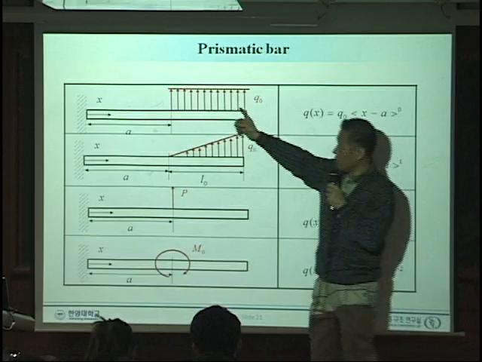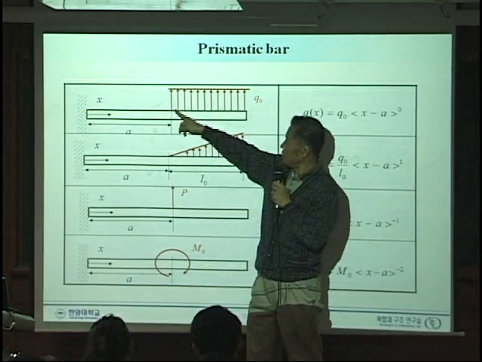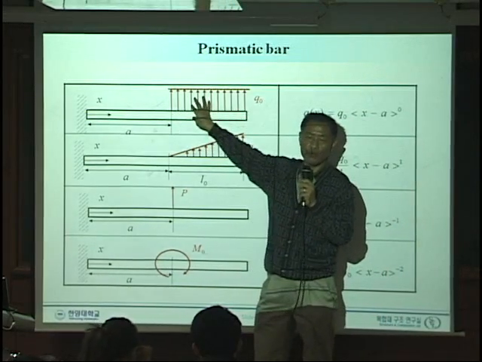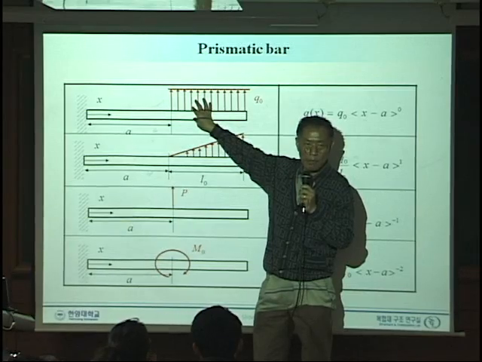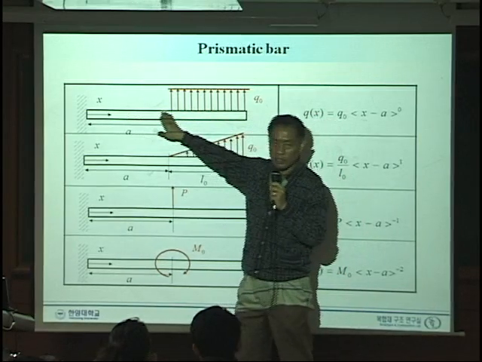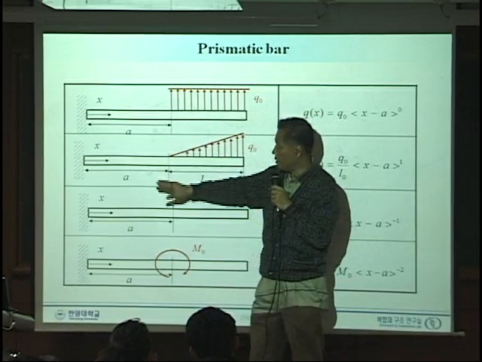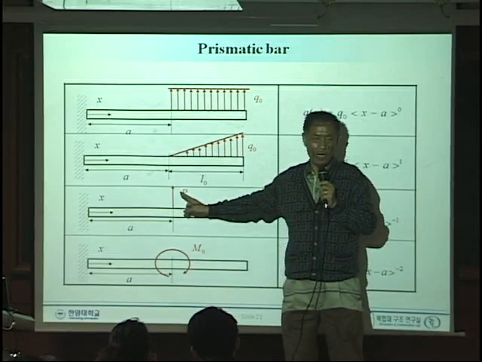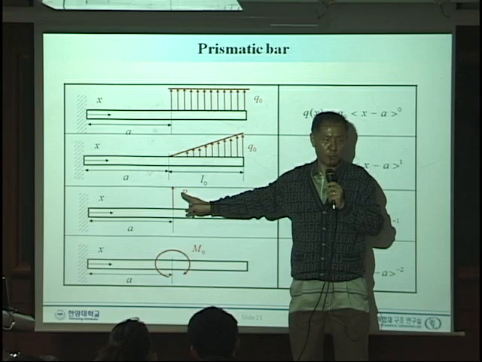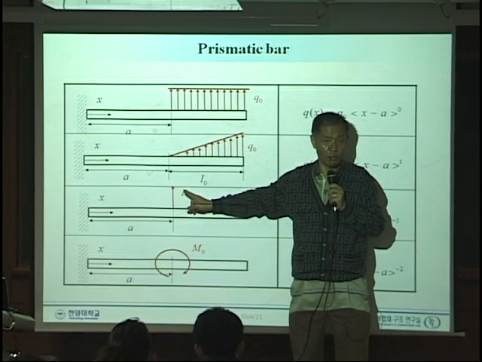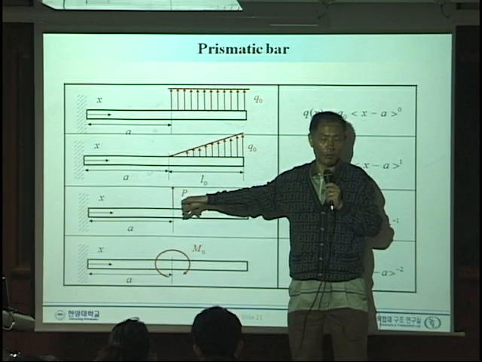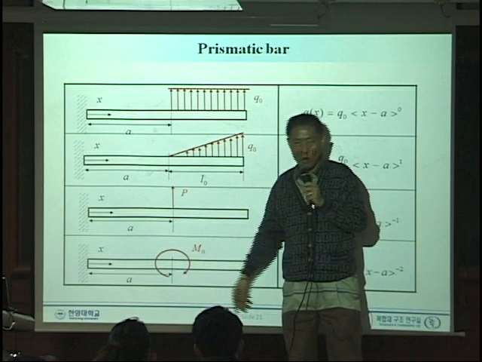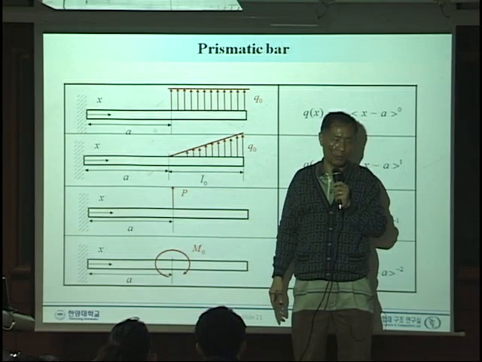And this one, from here to here, it is a force per unit length, but there is a discontinuity. And same here, this P is not force per unit length. This is just force, right? Concentrated force. And this is the moment, which is not a force per unit length.